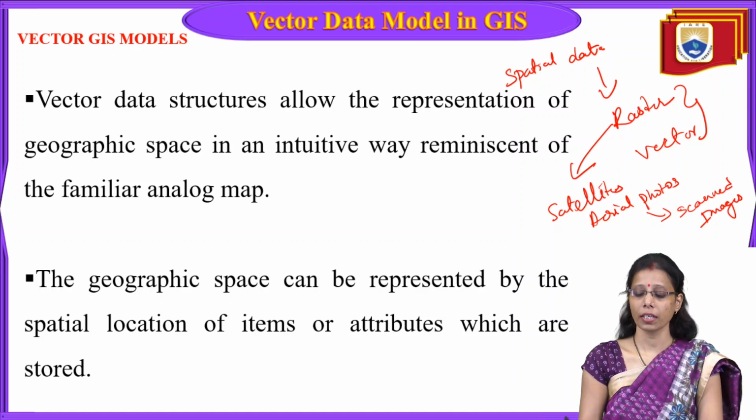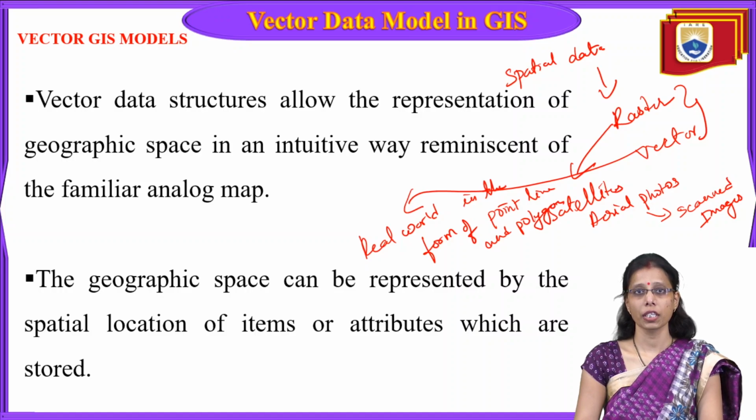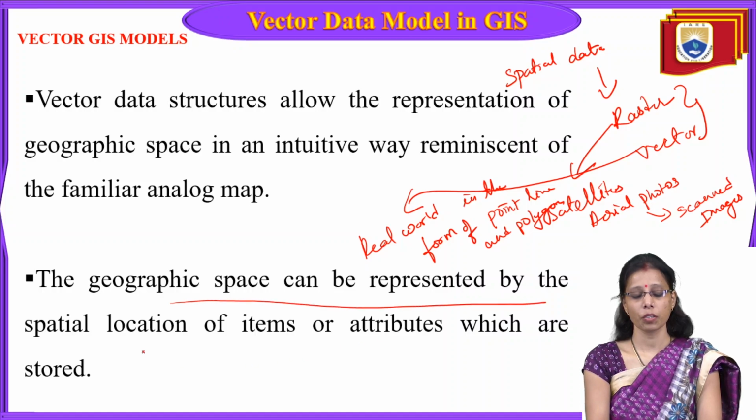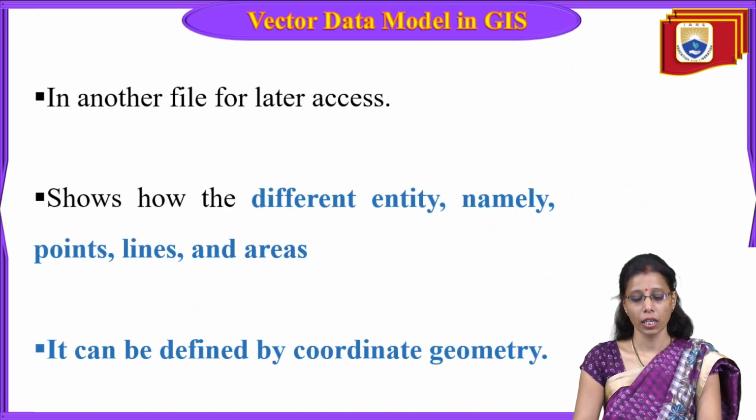Vector is a representation of the real world in the form of point, line and polygon. Vector data structures allow the representation of geographic space in an intuitive way, reminiscent of the familiar analog map, and the geographic space can be represented by the spatial location of items or attributes which are stored in another file for later access.